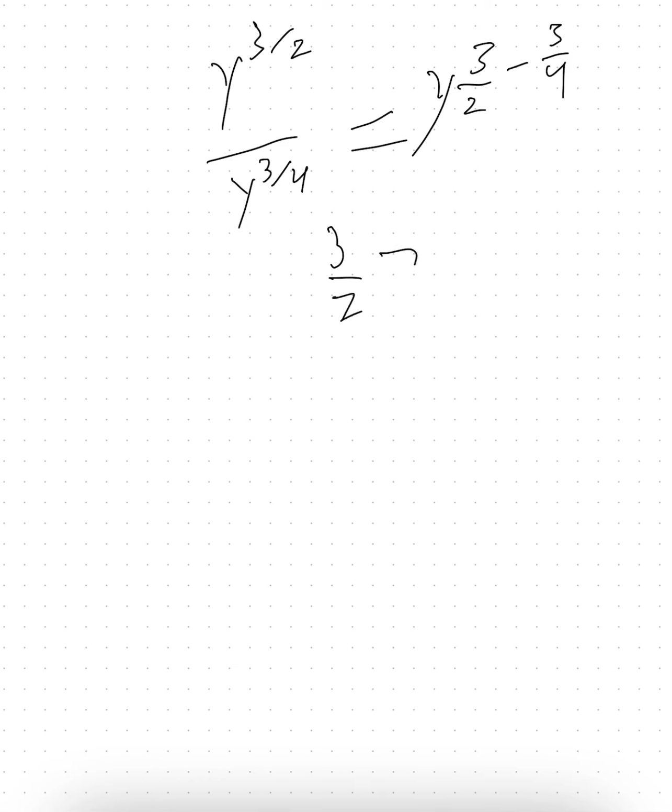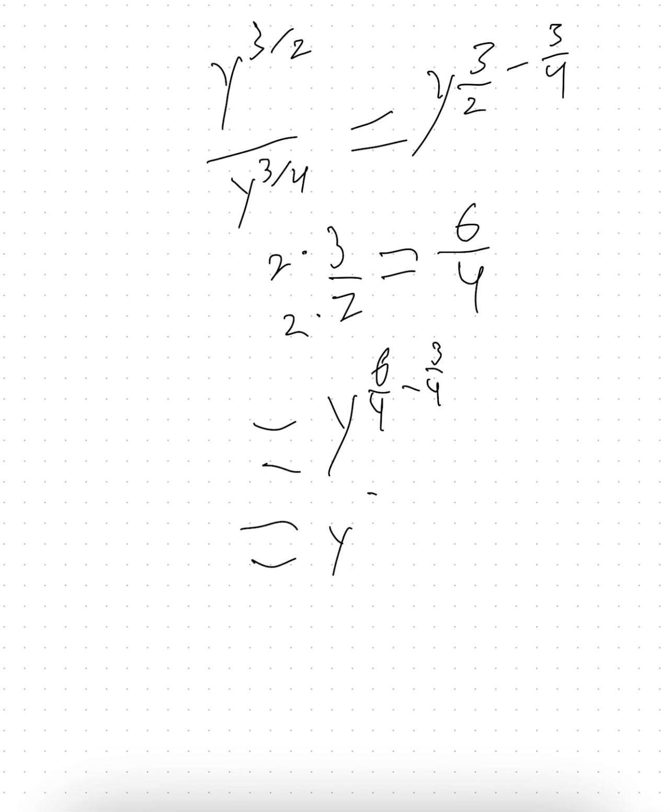So 3 over 2 is equal to, I'm going to multiply top and bottom by 2, which equals 2 times 3 is 6, 2 times 2 is 4. So this is equal to y to the 6 over 4 minus 3 over 4. 6 minus 3 is 3.